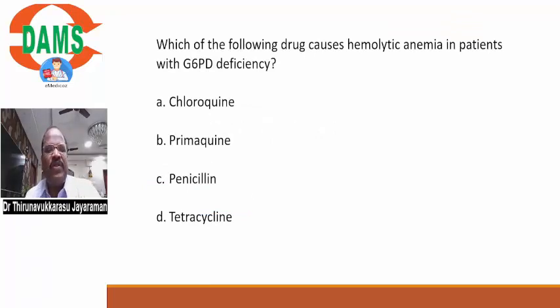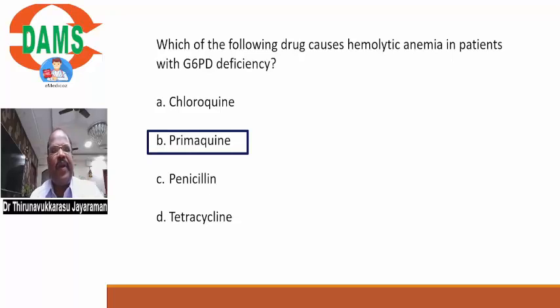Next, which of the following drugs causes hemolytic anemia in a patient with G6PD deficiency? Options are chloroquine, primaquine, penicillin, tetracycline. A single response question means straight away go for primaquine. Primaquine is a drug useful for radical cure of vivax. This is the most common drug that causes hemolytic anemia in patients with G6PD deficiency.